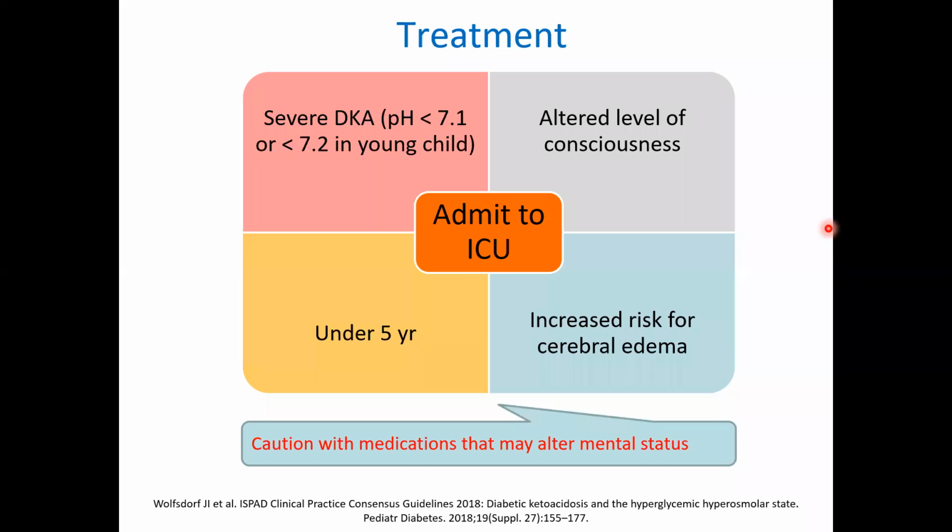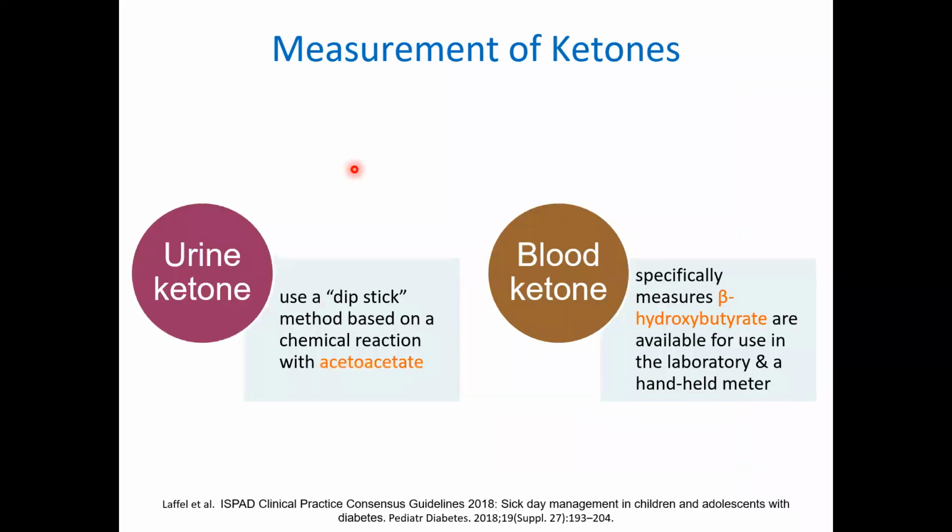We should always aim to admit these patients to ICU. Patients who have altered level of consciousness, very young children under 5 years, those who have risk factors for cerebral edema, which we've already mentioned, and those who have severe DKA, or young children with moderate and severe DKA, should always be admitted to ICU as much as possible. As I come to a close, I'll just talk briefly about measurement of ketones.